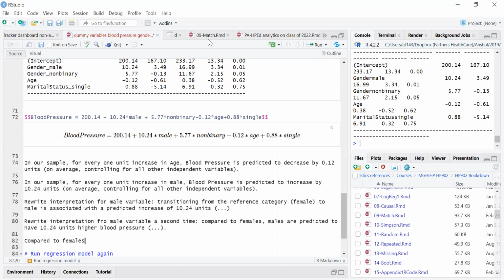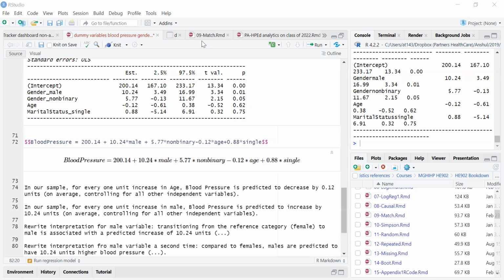But of course, these inferential statistics on the right side of the regression table are not an evaluation of the difference between males and non-binary people in our population of interest. These inferential statistics are only telling us about the comparison between males and females and non-binary people and females, the ones who are left out.